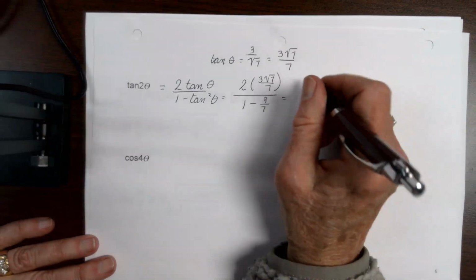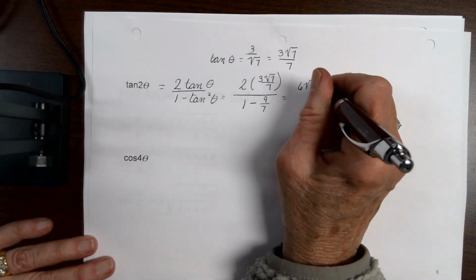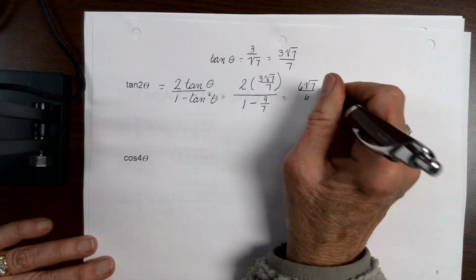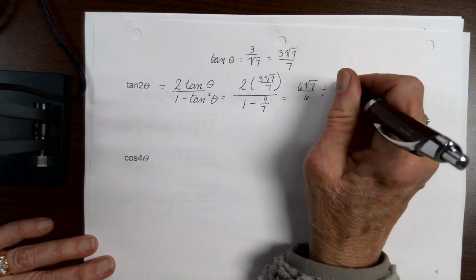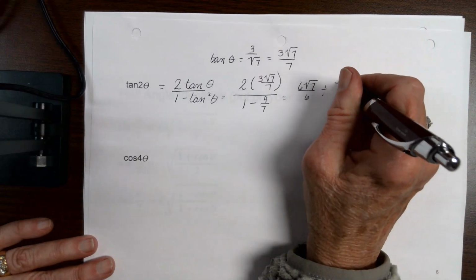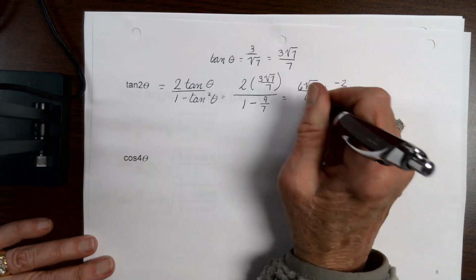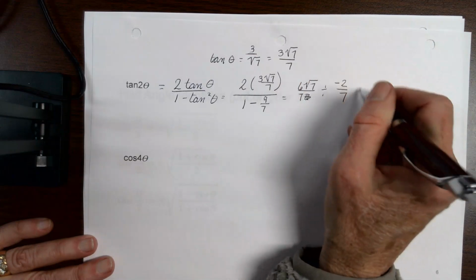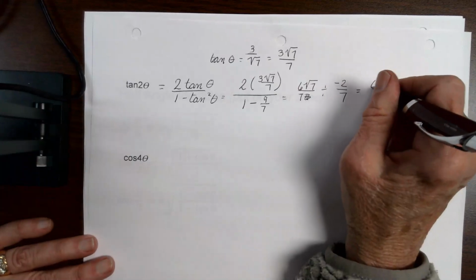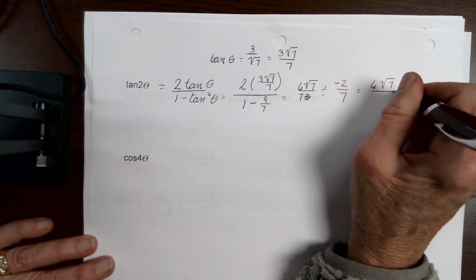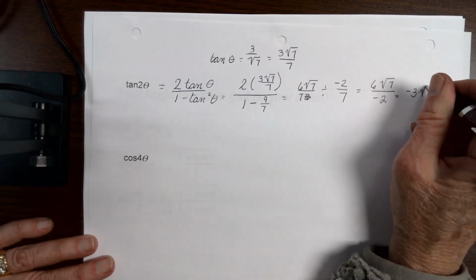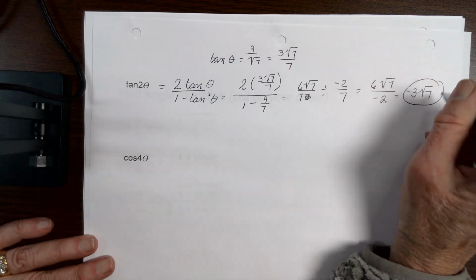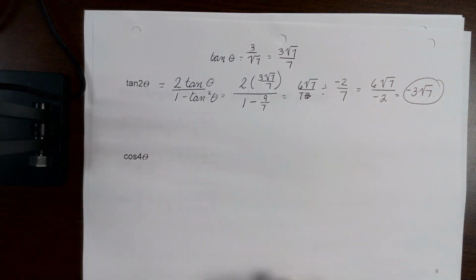So now I have 6 on the square root of 7 over 7 divided by, this would be 7 over 7 minus 9 over 7, so divided by a negative 2/7. I'm going to flip it, and I'm going to end up with 6 on the square root of 7 over negative 2, which is going to give me a negative 3 on the square root of 7, which is my answer to the tangent of 2 theta.